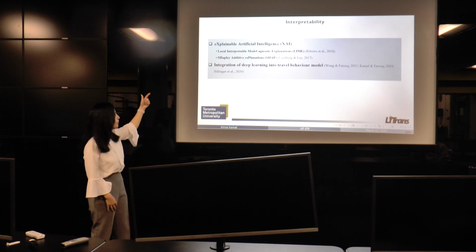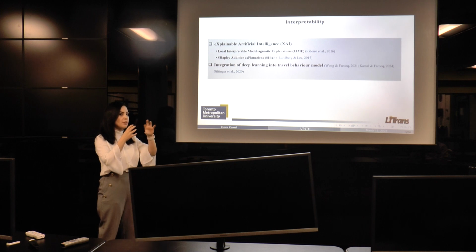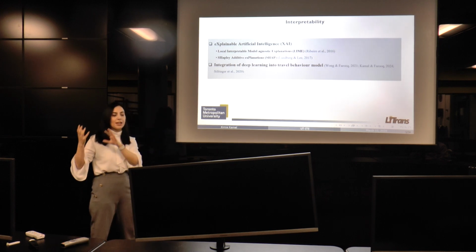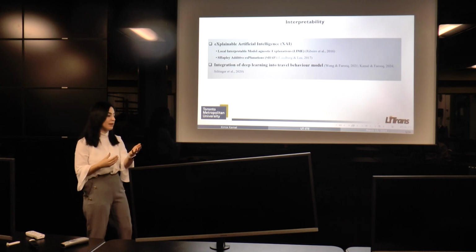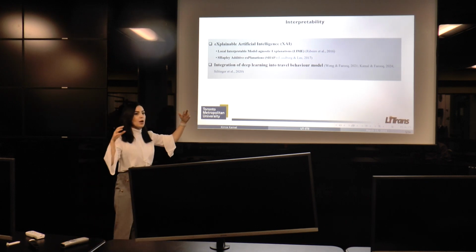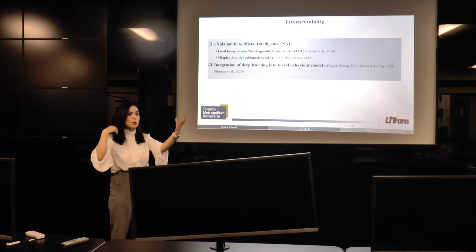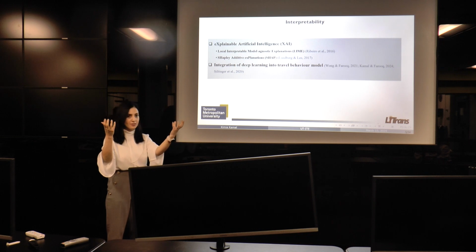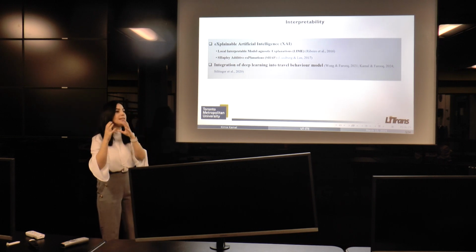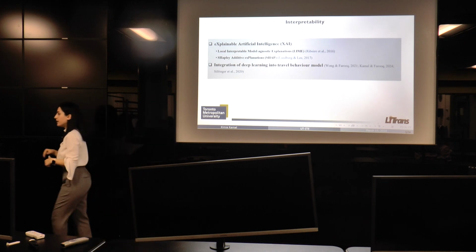In the first approach, researchers try to use surrogate models or use SHAP analysis to make the machine learning algorithms more interpretable. But in the second approach, we completely combine deep learning algorithms with the traditional travel behavior analysis to provide a single interpretable model.